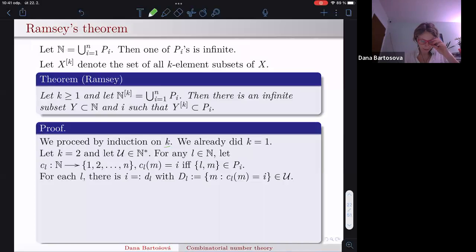Basically, we are actually saying something a little stronger than this theorem looks like. We are going to say that if I take any infinite subset of natural numbers, then on that infinite set, I'm going to find a further infinite set such that all of the k element subsets are going to be in one piece of the partition that I started with.